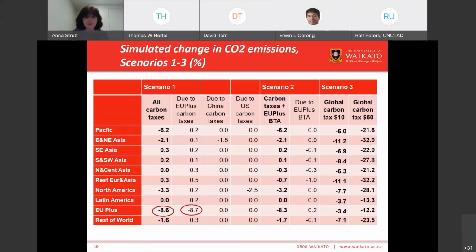So you might argue that this is some form of leakage due to that EU carbon tax. Although overall, by the time we take into account all of the other countries' taxes that we impose, we can see in that first column that they don't all end up with higher emissions. So I think this decomposition into what's due to the EU carbon taxes gives us some extra insights here.